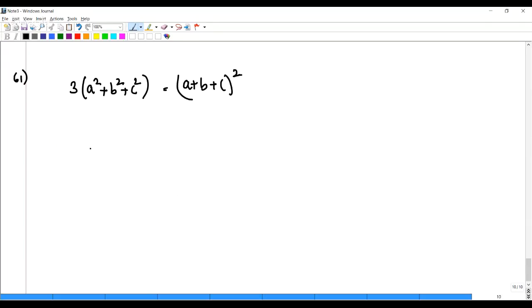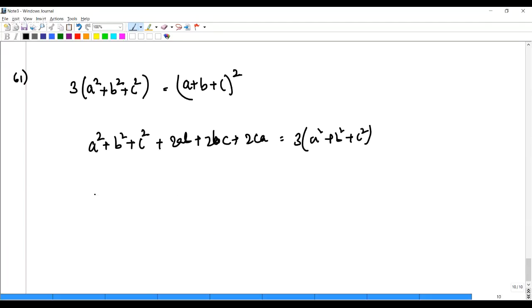I know if I do it, I'll get A square plus B square plus C square plus 2AB plus 2BC plus 2CA is equal to 3 into (A square plus B square plus C square). You're going to get 2A square plus 2B square plus 2C square minus 2AB minus 2BC minus 2CA is equal to 0.